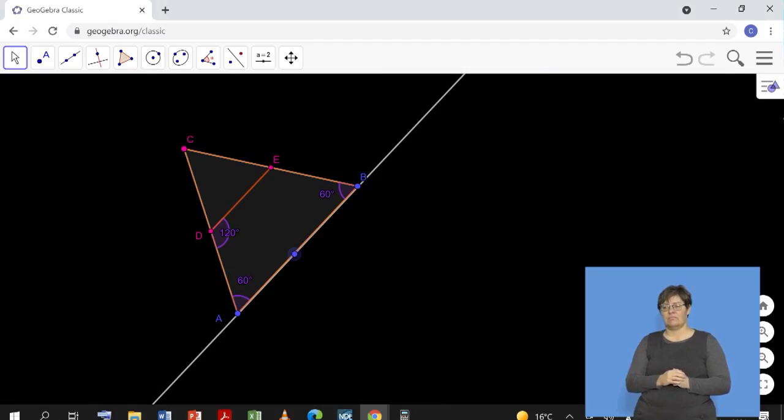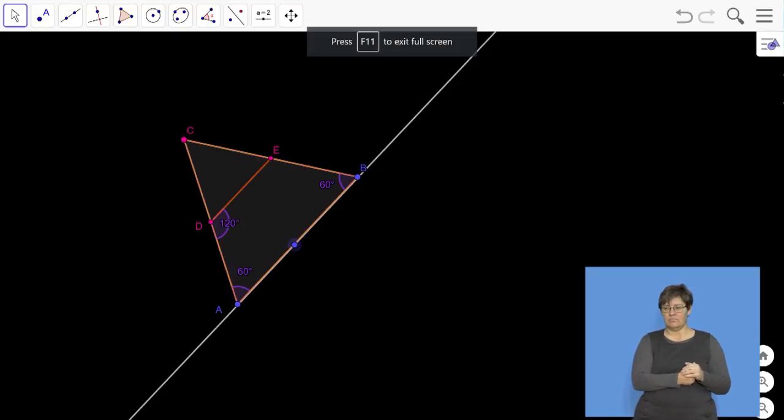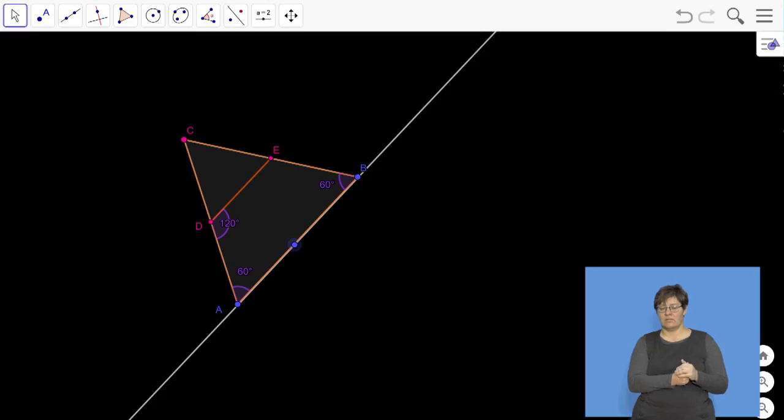Now, if we look at this diagram that I have here, you can see that DE is the line parallel to AB. I can't show the parallelness here with my arrows, but I try to show it with the angles. You can see that 120 plus 60 is equal to 180 degrees, which makes them co-interior angles. It doesn't matter how you move this particular shape, it will always be the same thing.